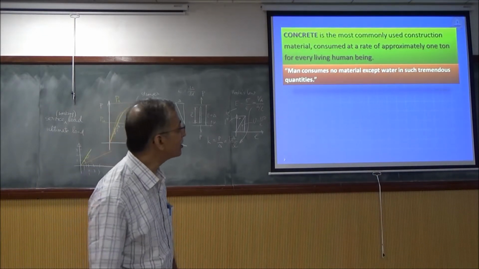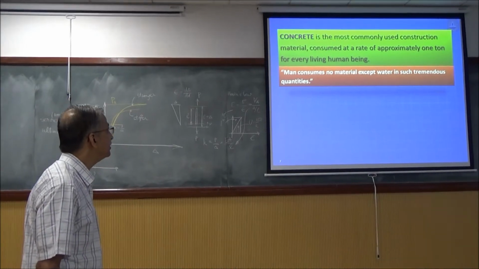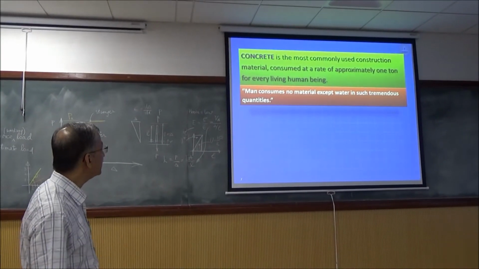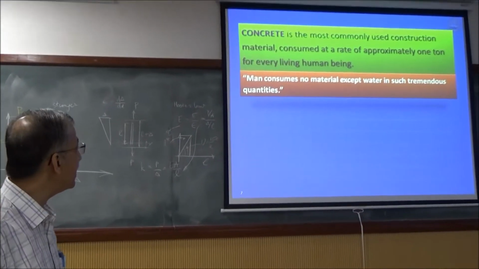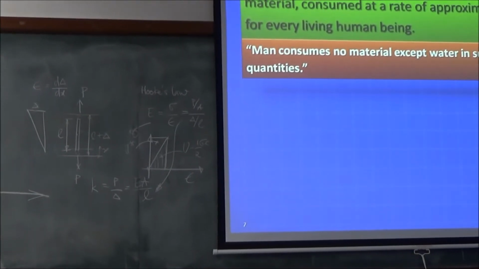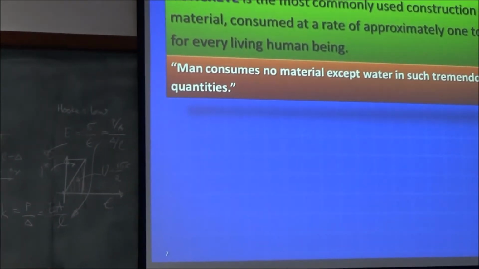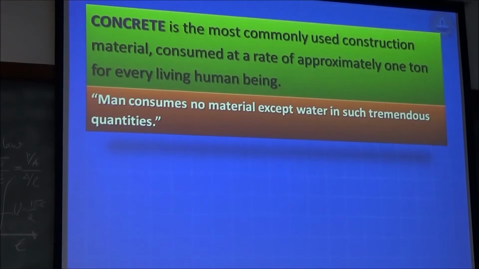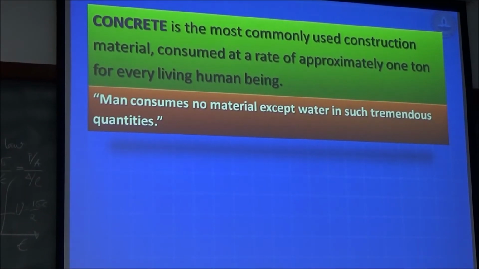Concrete is the most commonly used construction material, consumed at a rate of approximately 1 ton for every living human being. That's massive. And concrete is massive. Man consumes no material except water in such tremendous quantities.